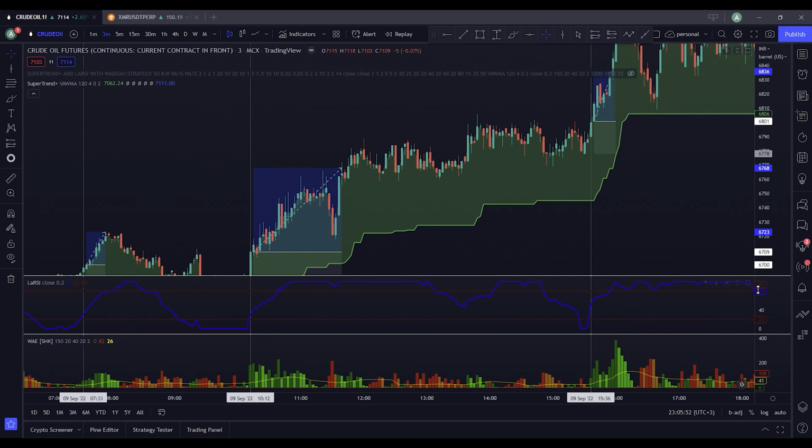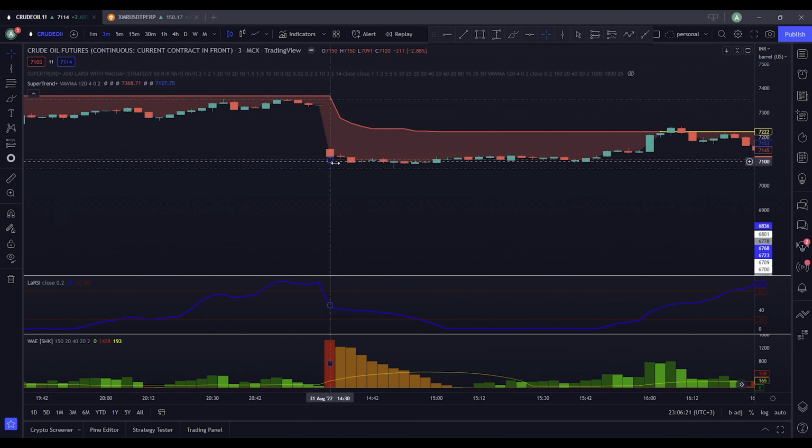And now let's move on to short condition. For a short signal to be valid, Super Trend must be red. The blue line crosses under the 80 level. Red bar above yellow line. Now we can take a short position. Our stop loss must be above the recent swing high.